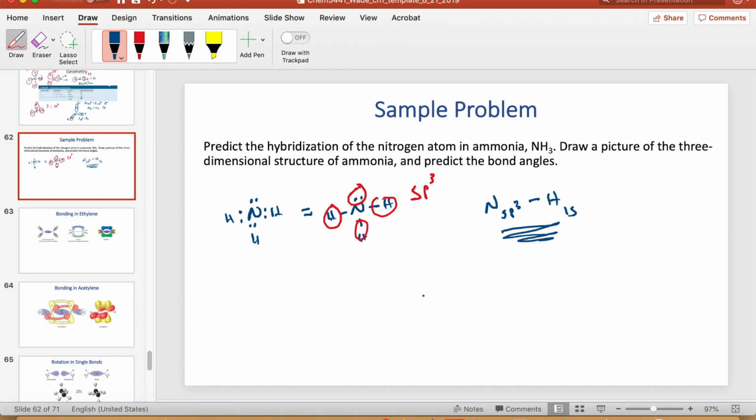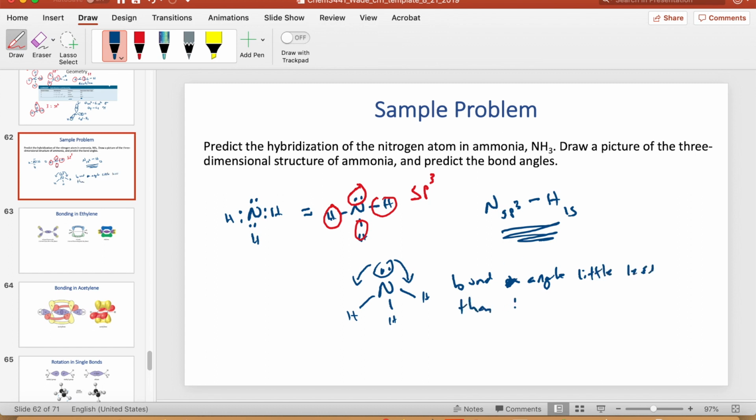Now, nitrogen itself, because it has this lone pair on it, you can envision it like this. This guy here is pushing down a little bit, and so your bond angle is going to be a little less than the favored 109.5.